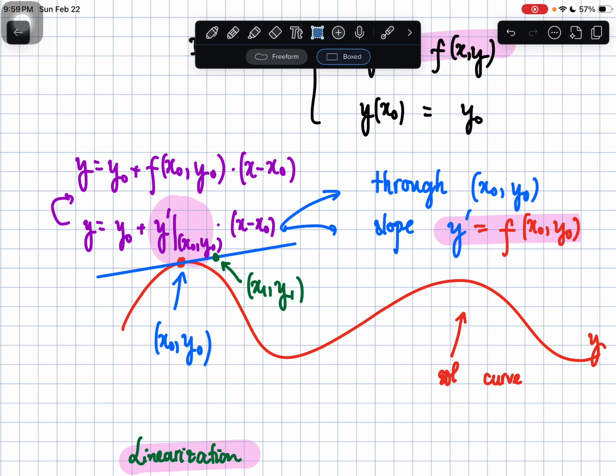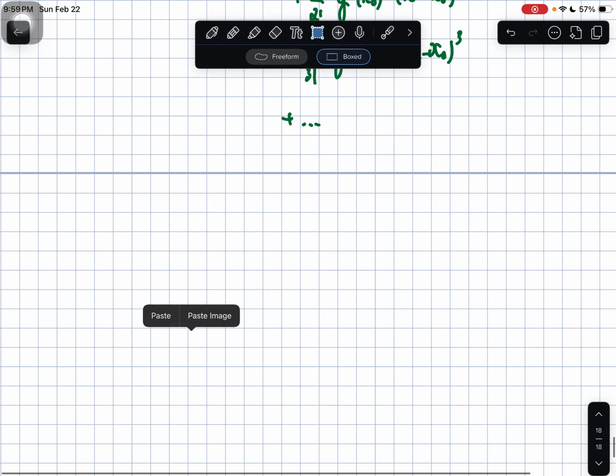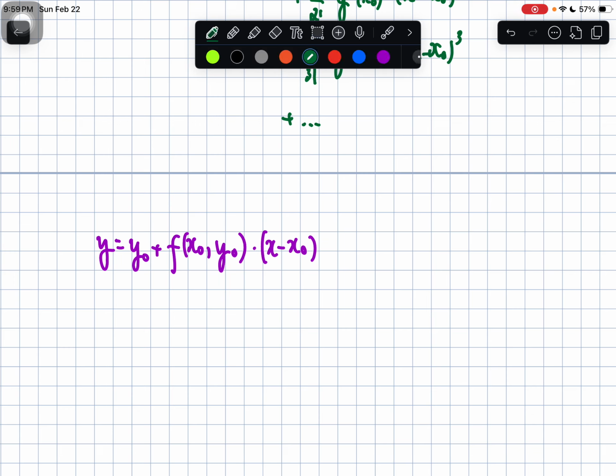Now x1, y1 lives on this tangent line, on this line L. So we have y1 equal to y0 plus f(x0, y0) times (x1 minus x0).